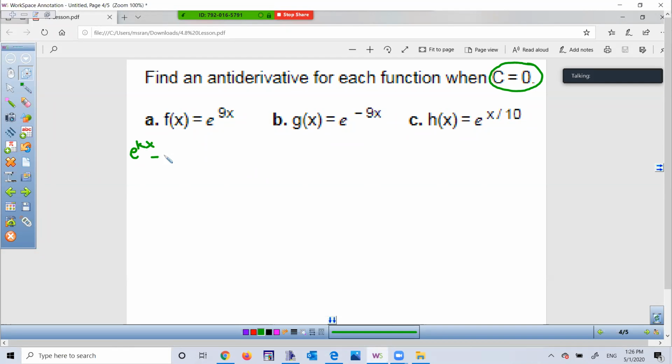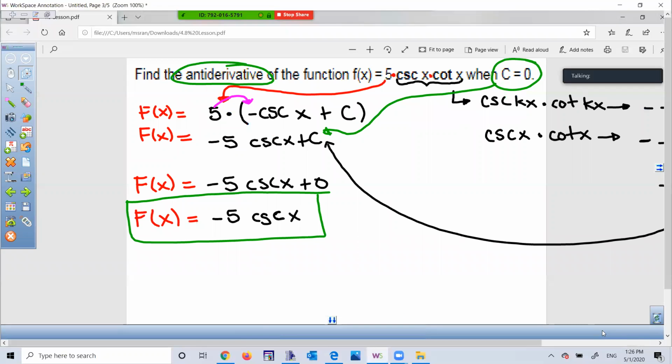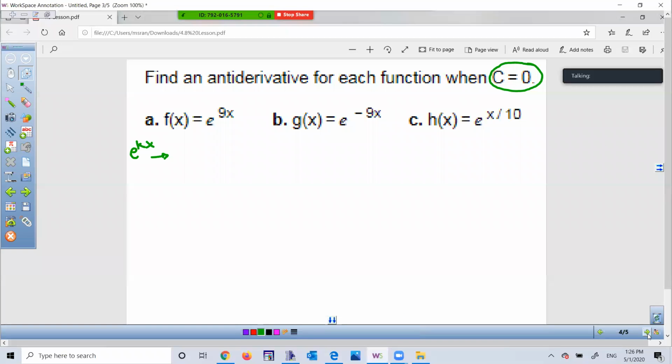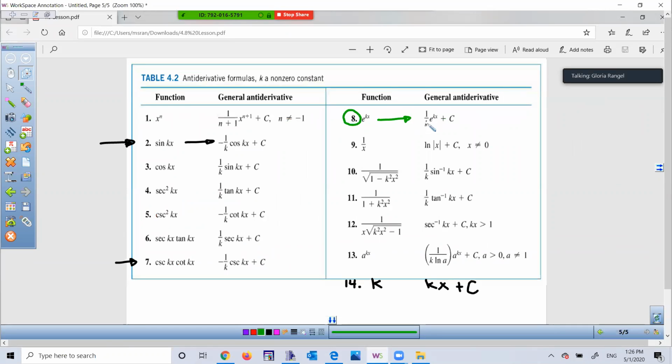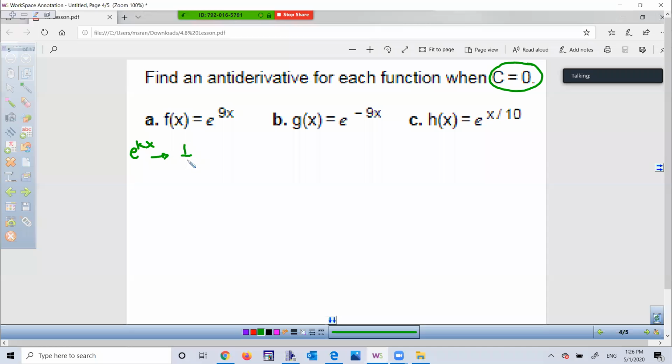And the formula for the antiderivative is 1 over k times e raised to the kx plus the c. So my function right now is e raised to the 9x.